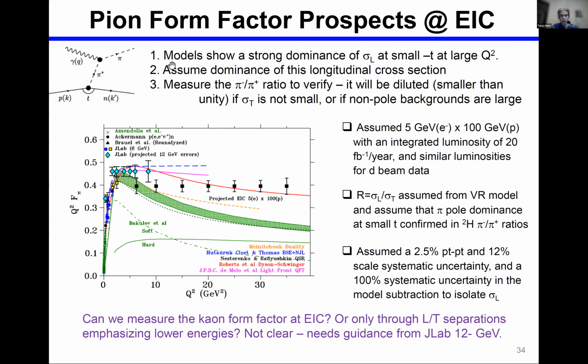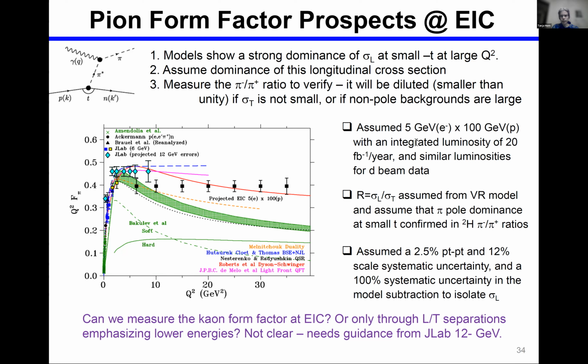Going back to points 1 and 2, if you remember from before, what we needed to show is that we have a strong dominance of longitudinal cross-section, because we need that to extract the form factor. We also need to verify that the pole process works. I also discussed this earlier, so we will also have to measure the ratio of negative to positive charged pions to show if there are non-pole backgrounds and their size.